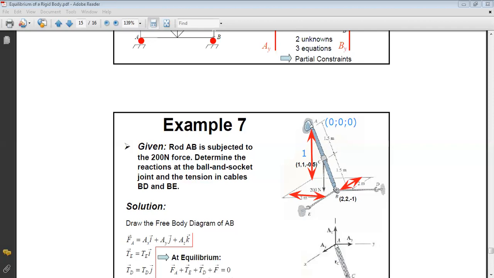Then I can find the vectors I am interested in: AC and AB.